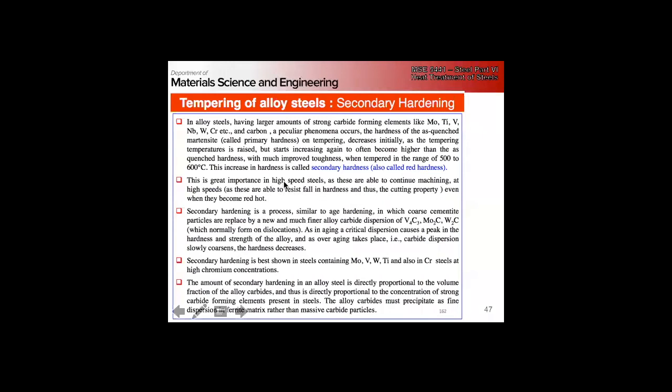And it's sort of important because as we're machining something, you're generating a lot of frictional heat. So tool steels and high-speed steels were developed and they instantly replaced the high carbon steels for machining applications because they actually become harder even as they get red hot.